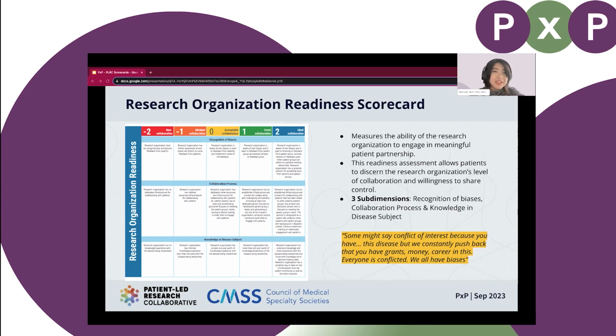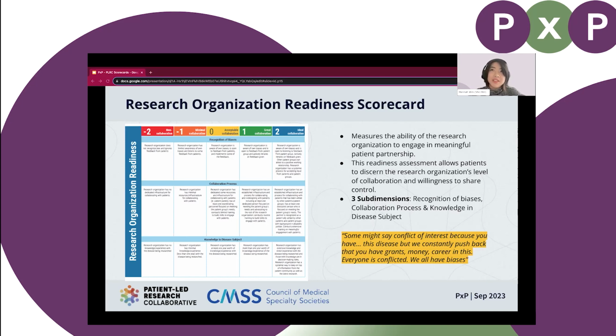We made this scorecard after realizing that some of the issues we've had in the collaboration process aren't always about motivating patients and training patients to be more involved in research, but also about whether our collaborators have the values, the resources, and the priorities to carry out a mutually fruitful partnership.